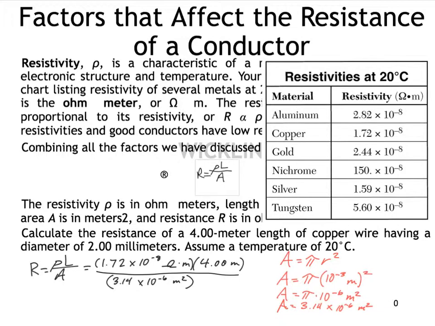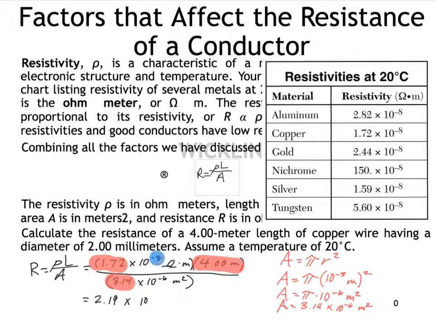As you know, I like to separate the multipliers from the exponents. So in my first step, I'm going to do 1.72 times 4 divided by 3.14. I got 2.19 times 10 to the, and I can figure that out by looking at just the exponents only.